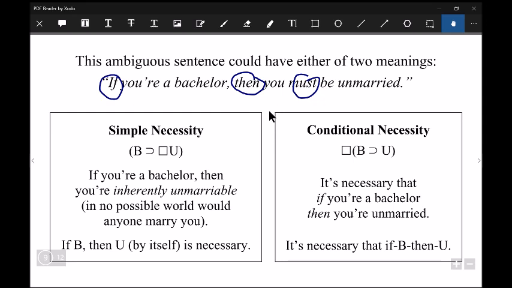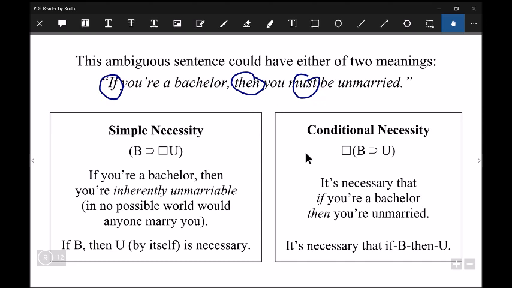Now, in philosophical arguments involving this form, the if, then, must, where the premise could go either way, box inside or box outside, there's a lot of arguments like that. And when you meet one, you've got to say this premise could mean this or this, and then you work it out like two separate arguments.